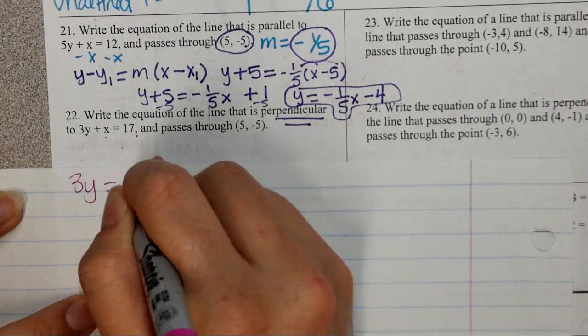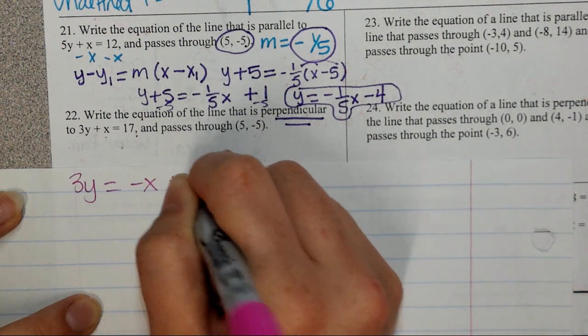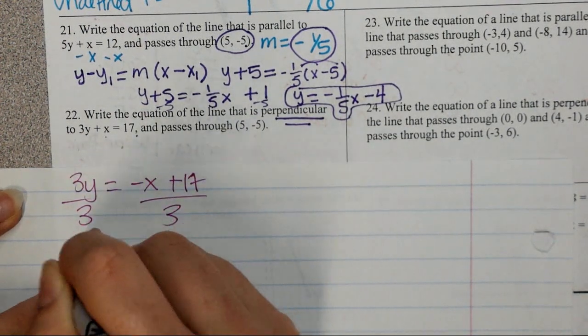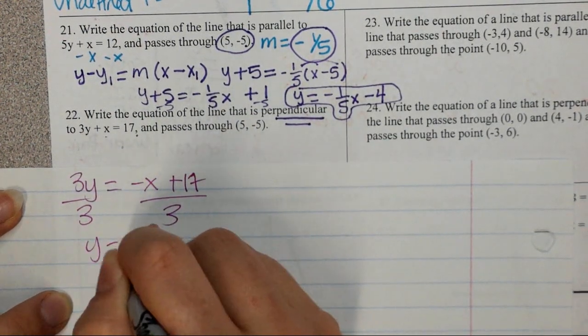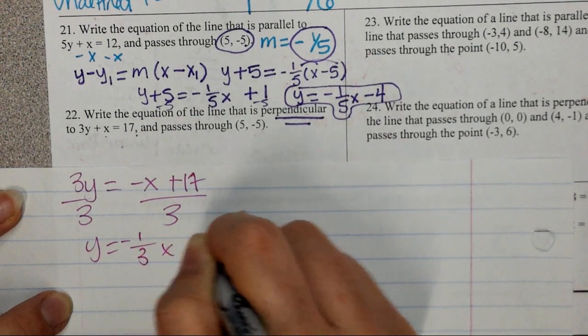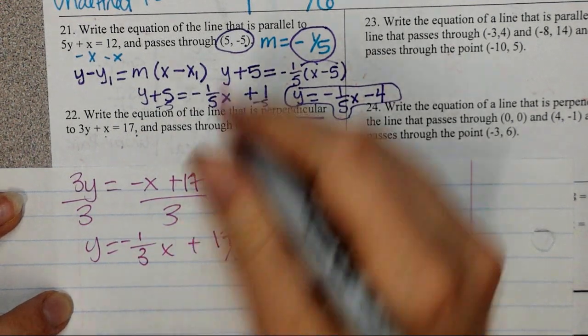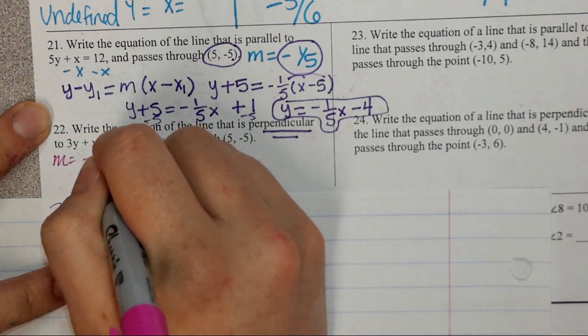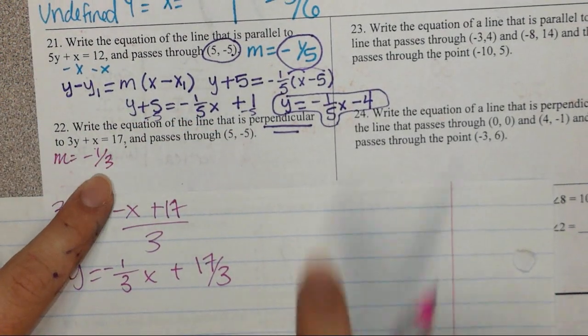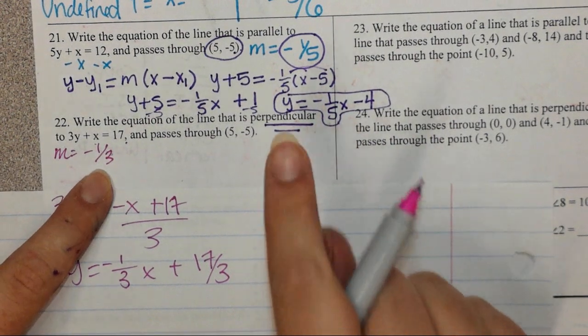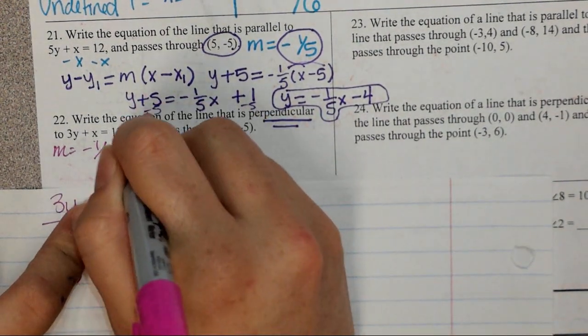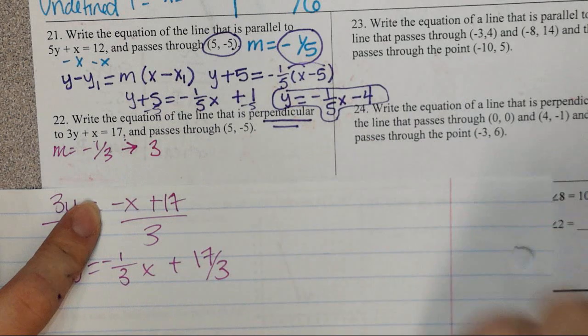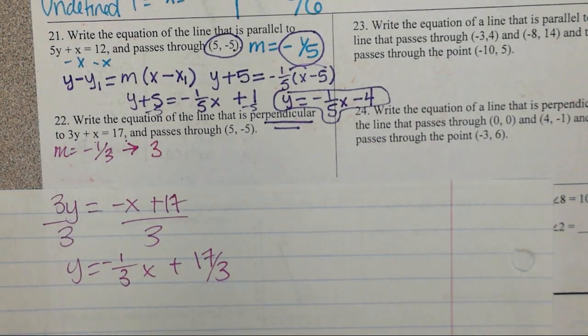So we've got 3y is equal to negative x plus 17. Divide by 3, y is equal to negative 1/3 x plus 17/3. Okay, now our original slope is negative 1/3. We want to be perpendicular, which means we need to do the opposite reciprocal. So that becomes 3.